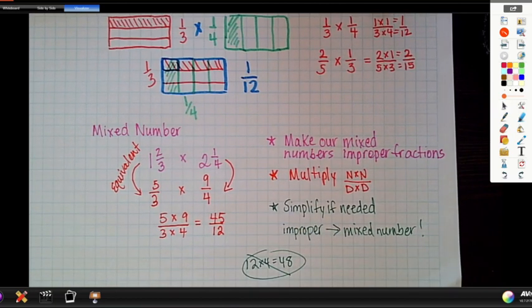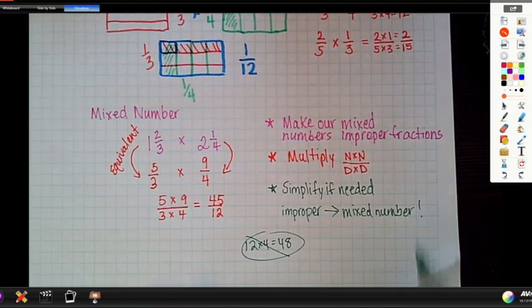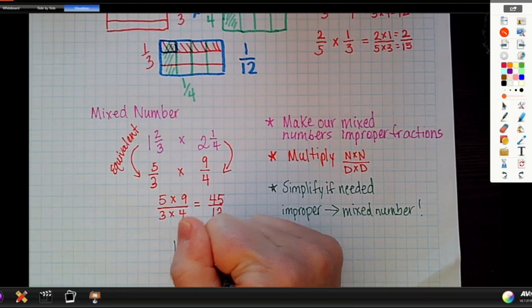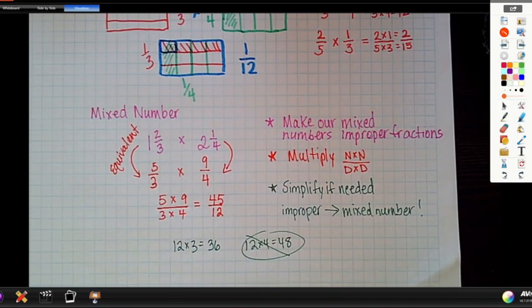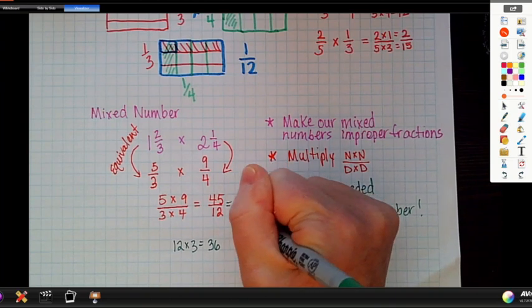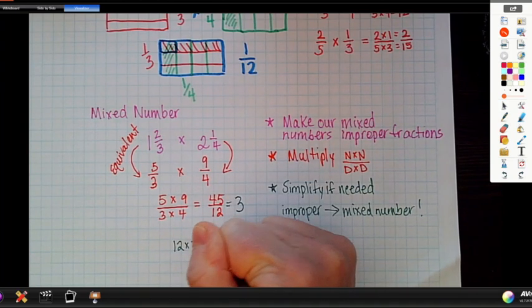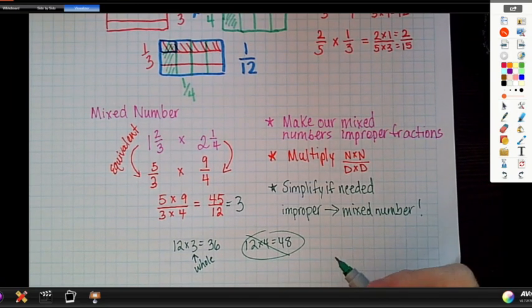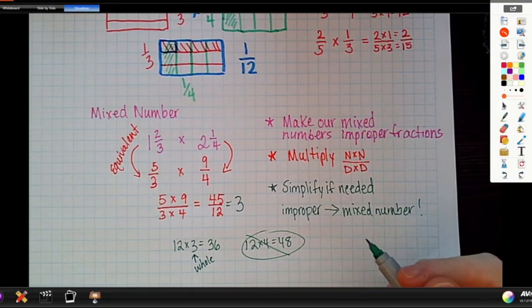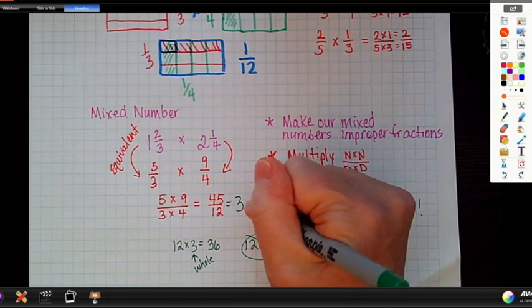It's too high. So I can do 12 times 3, which is 36. So I know that I can make 3 wholes. That's my whole. Okay, and then what's left over? Well, I just have to subtract 45 minus 36, or I can count up, which is what I would do, and that would be 9.